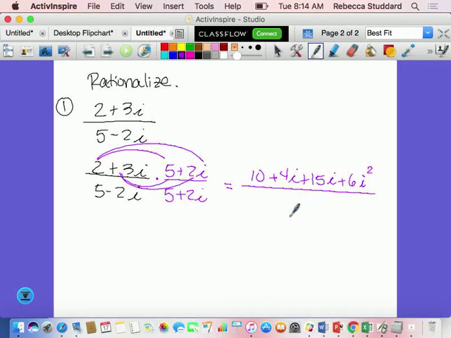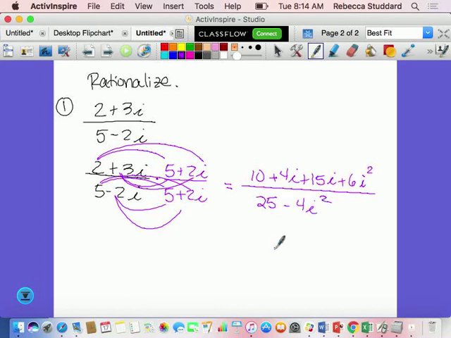And then we FOIL the denominator. 5 times 5 is 25. What happens to outer and inner when you multiply by the complex conjugate? They cancel out, just like in our Bell work. So I don't even have to do my outer and my inner because they're going to cancel out. And so I just do last times last, and that's minus 4i squared.